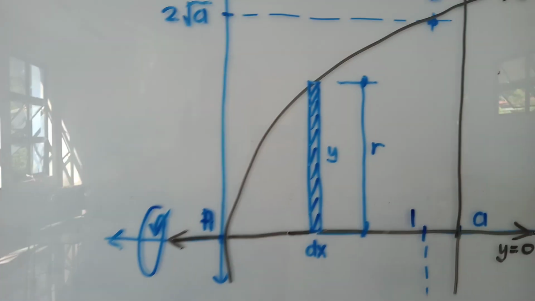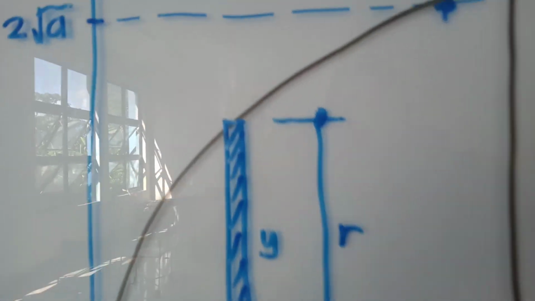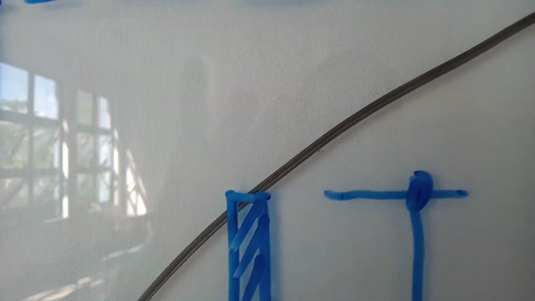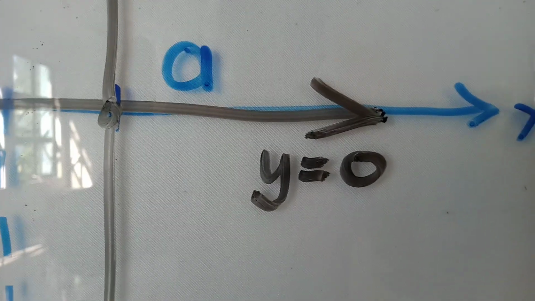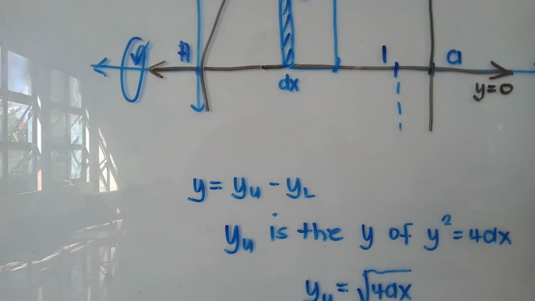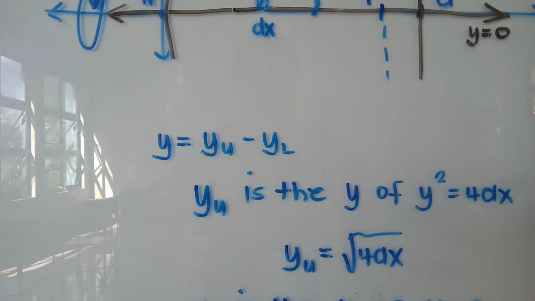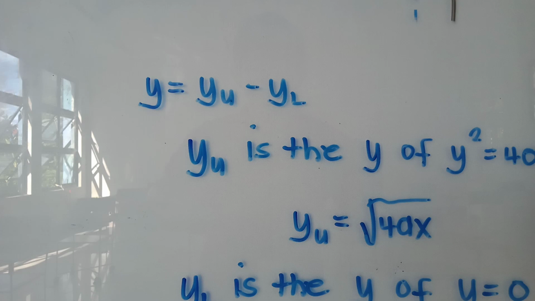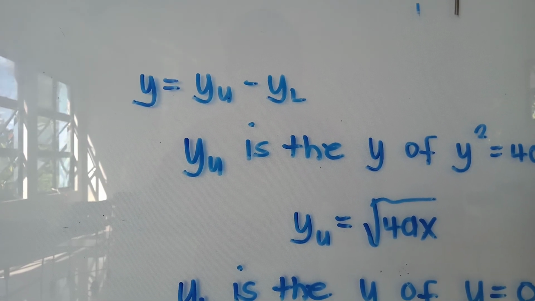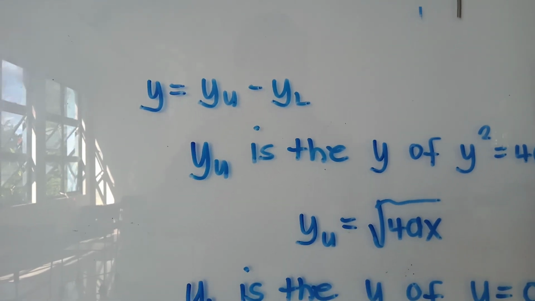And that is by looking at our figure there, where y is the upper y minus the lower y. The upper y is the y of the upper boundary, which is from y squared equals 4ax, so upper y is the square root of 4ax, which is positive because, as I said a while ago, we considered quadrant number 1.